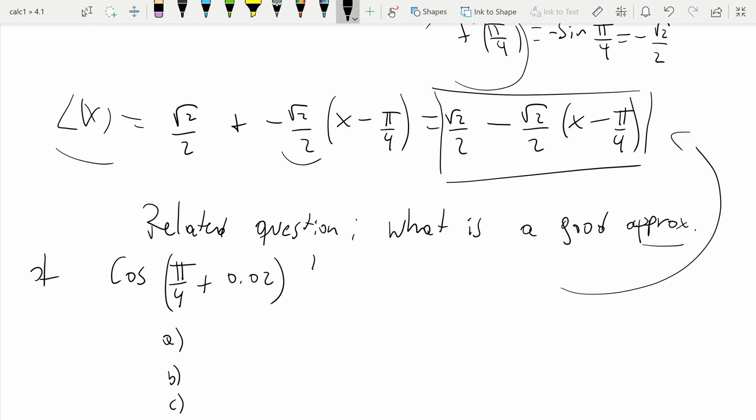A better way to measure, rather than computing the error, the difference between f of x and L of x, is to measure the percentage error. Because if you are computing quantities that are really, really small, say 0.001, and then you make an error of 0.2, that's huge.